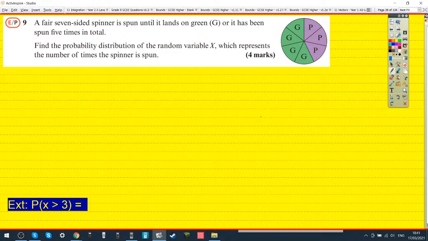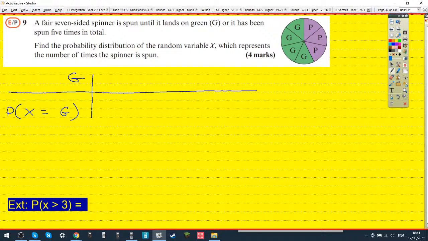All right. How about this? Okay, so it could be spun once, and that's a 4 in 7 chance.